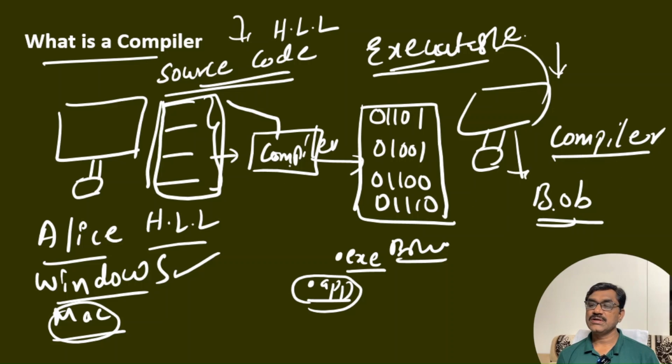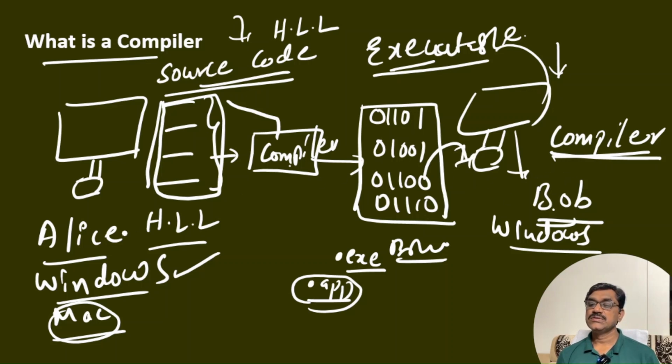We have used the compiler only at Alice's machine. Bob doesn't require the compiler to execute this executable code. Bob can automatically execute it without using the compiler. But the thing here is Bob's system must have the Windows operating system. Then only this executable code can be executed on Bob's machine.